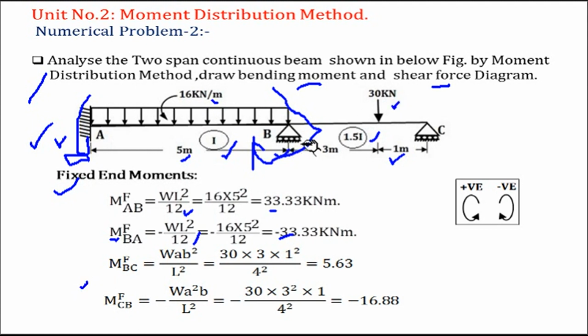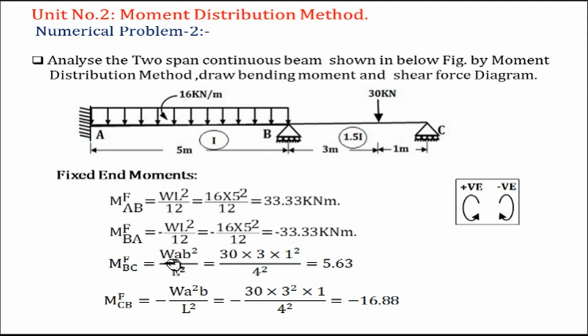Now fixed end moment for span BC. For span BC, there is an unsymmetrical point load. So let's say small a is equal to 3 and small b is equal to 1 meter. The equation for fixed end moment for a point load is W a b square by L square.